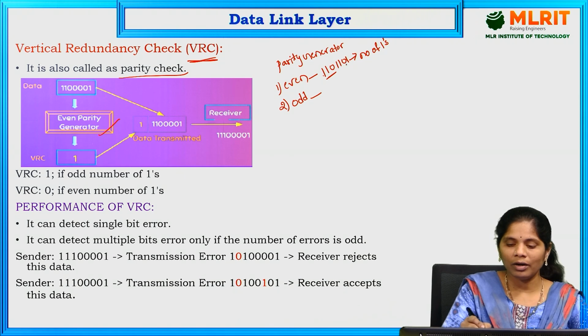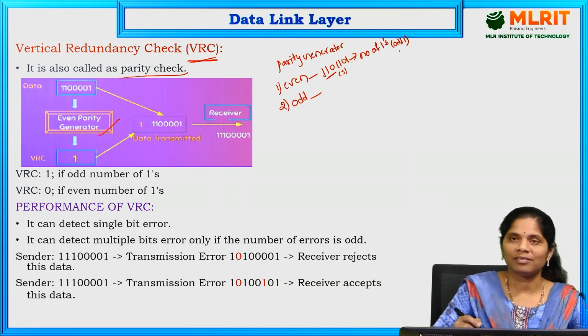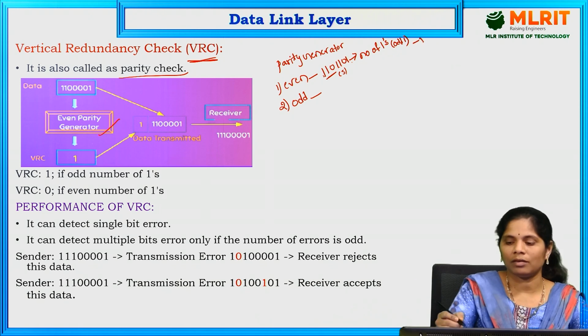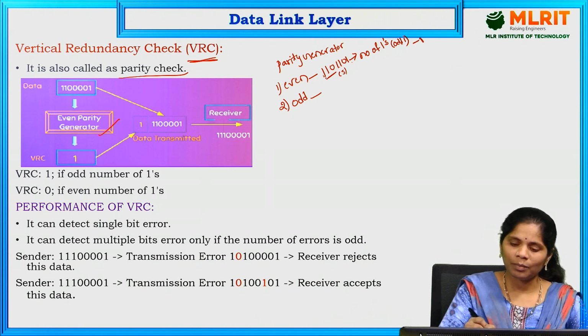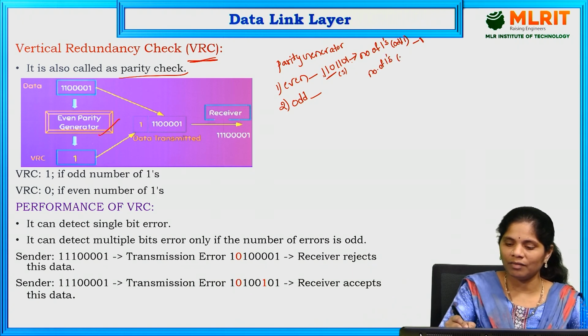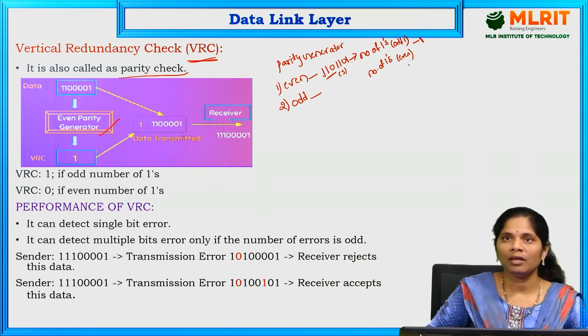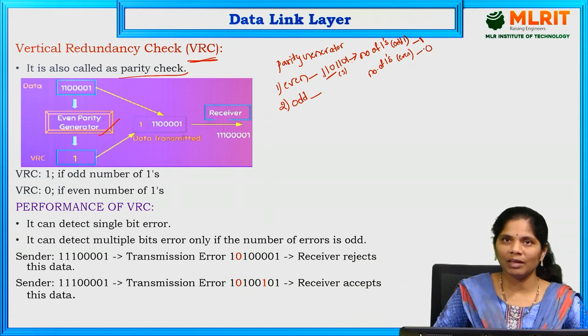How many ones are in this data? 1, 2, 3, 4. Suppose one more one is there, so the number of ones is odd: 1, 2, 3, 4, 5. Total 5 ones are there. If the number of ones is odd, then we assign that particular bit as 1, which means we add the redundancy bit as 1. If the number of ones is even, then we add 0. That is the even parity.